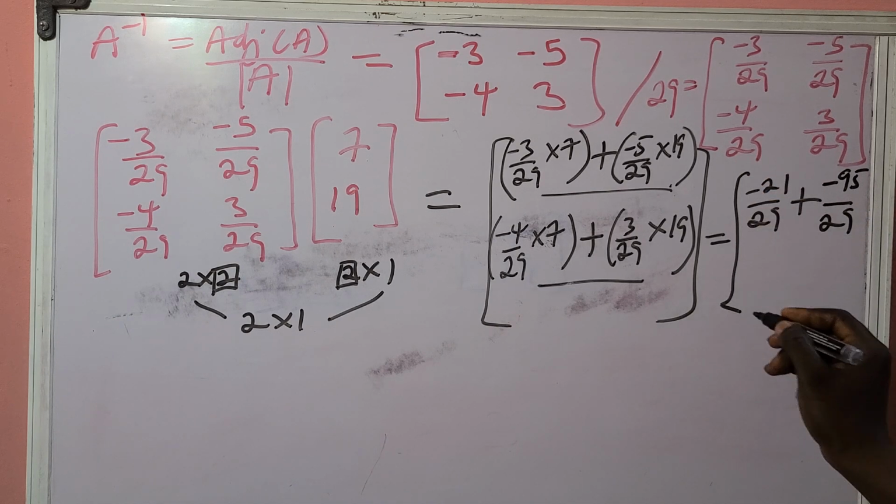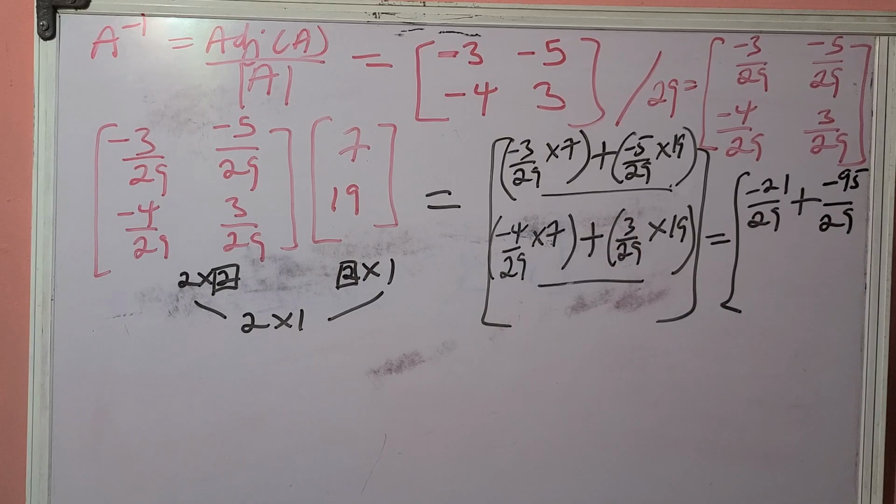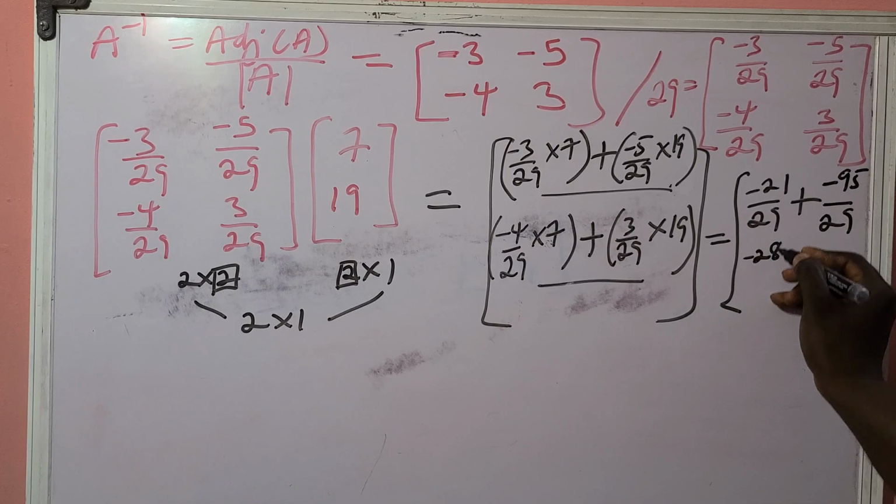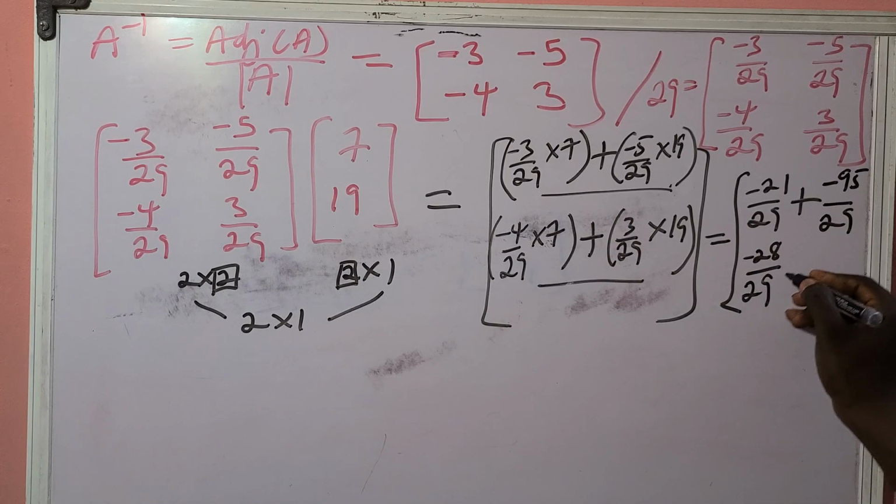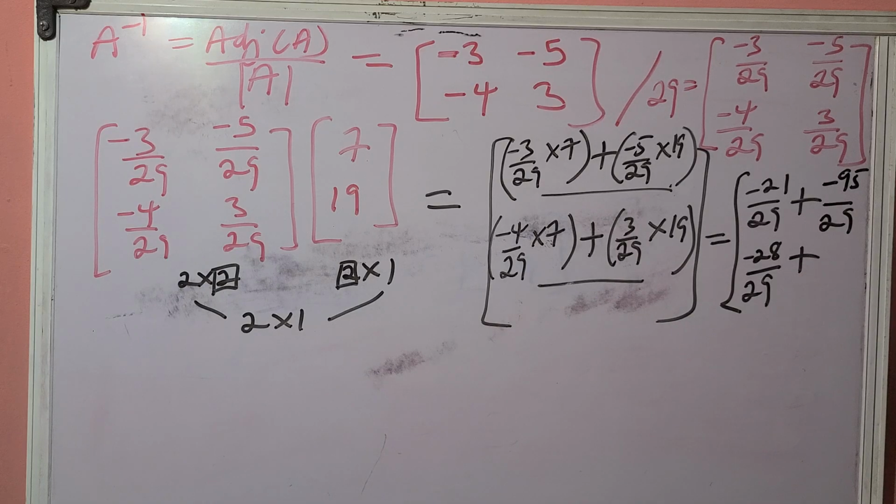That is for the first row. Then the second row we have -28 over 29 plus 19 times 3. That is 57 over 29.